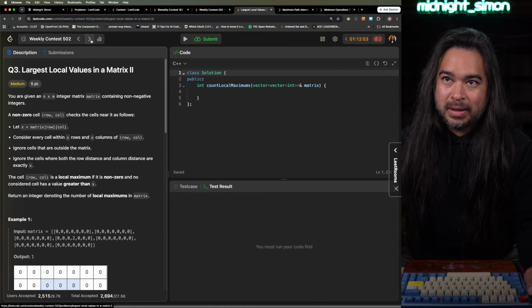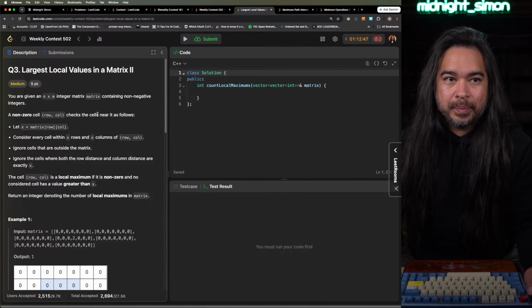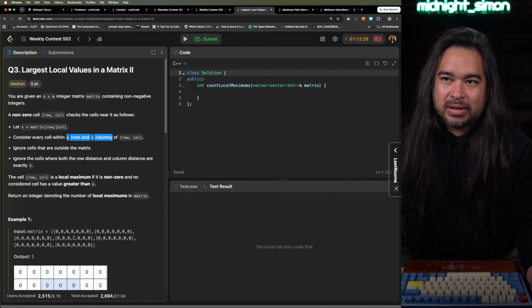Sneaky. All right, Q3. Largest local values in a matrix, part 2. You're given an n by m integer matrix containing non-negative integers. A non-zero cell checks the cells near it as follows. Let x be that. Consider every cell within x rows and x columns of that cell.